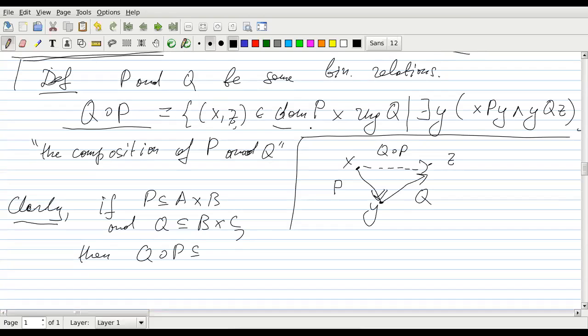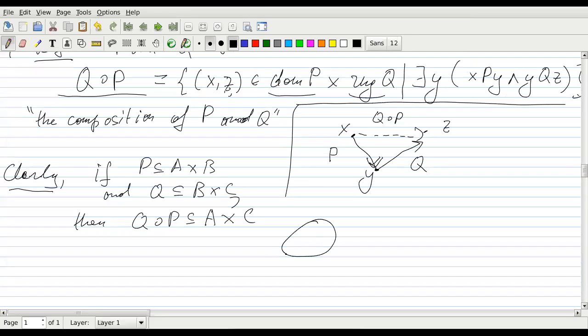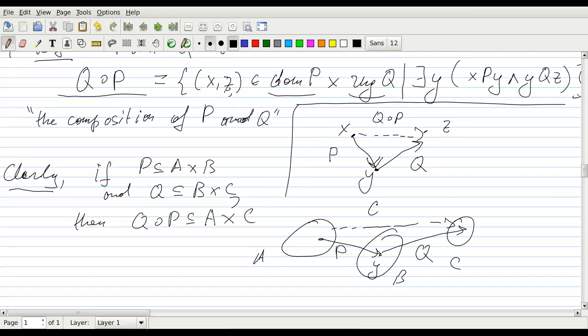It is between domain of P and range of Q, that is between A and C. It is quite clear. As P always leads us from A to B, and Q always leads us from B to C, then the composition always leads us from A to C. Is it clear?